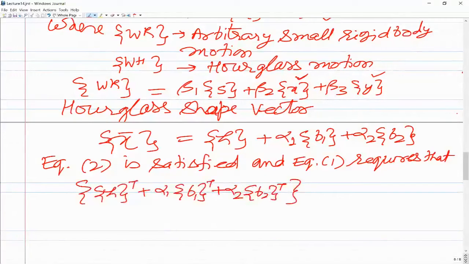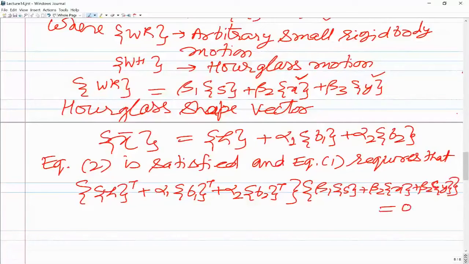This is the gamma bar transpose into an arbitrary rigid body, which is beta 1 into s plus beta 2 into x plus beta 3 into y, and this should be equal to 0. This should be true for all beta i, that is beta 1, beta 2 and beta 3.